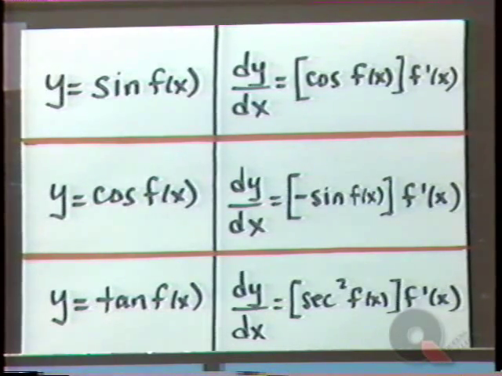The derivative of cosine of a function is minus the sine of the same function times the derivative of the function, and the derivative of tangent of a function is secant squared of the same function times the derivative of the function. In this first example, we're going to be looking at the first formula, the sine of a function.